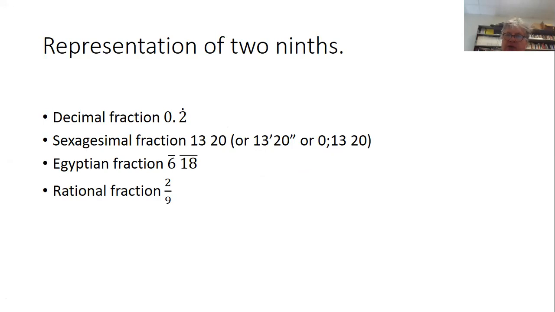The first way is we can represent it as a decimal fraction, and that's going to be 0.2 repeating. Let's quickly figure out how we know that. I want to put it in the context of a general base. So let's get out the whiteboard and figure out 2/9. We raise by multiplying by 10. 2 times 10 is 20.